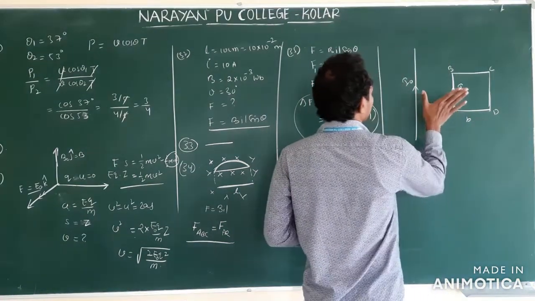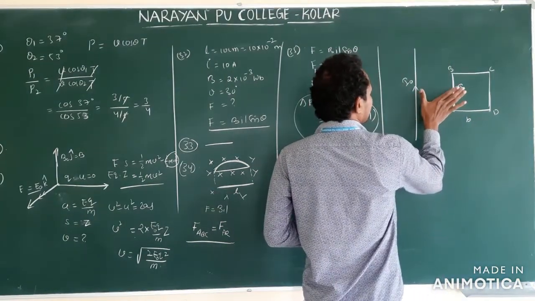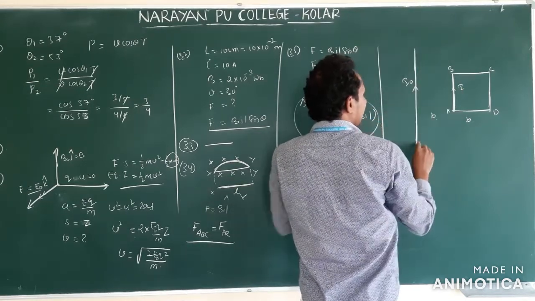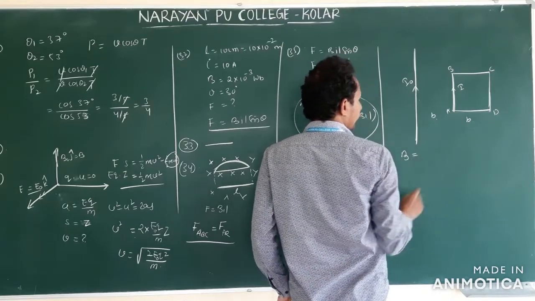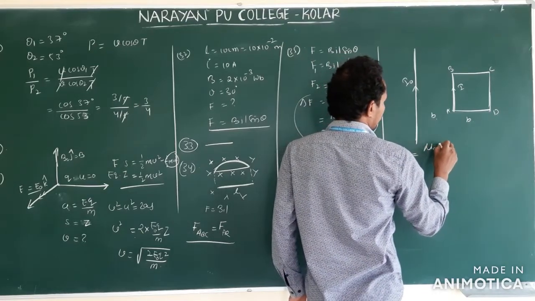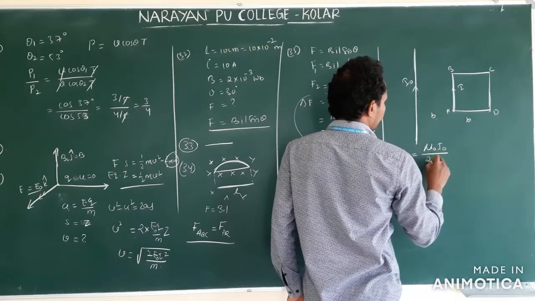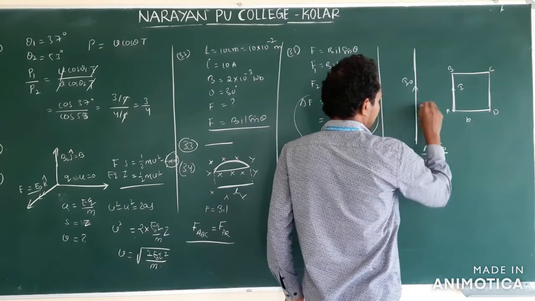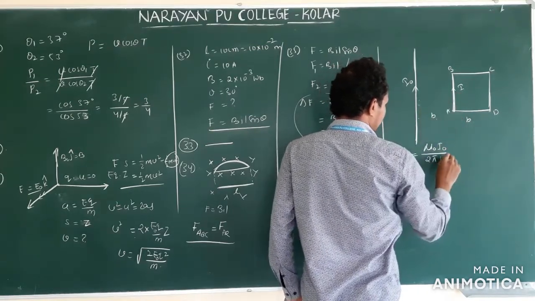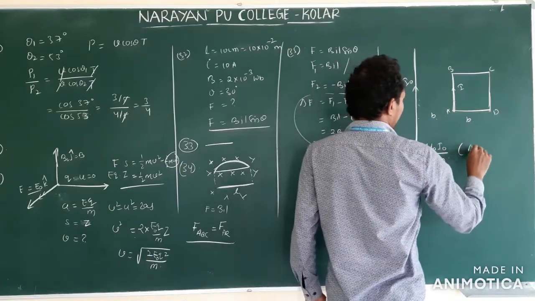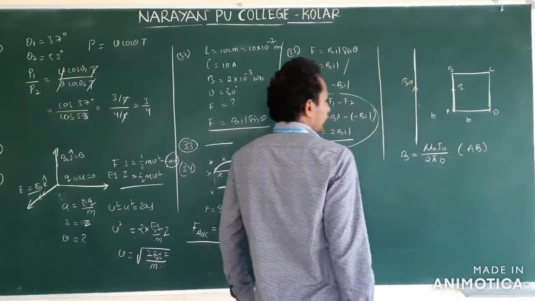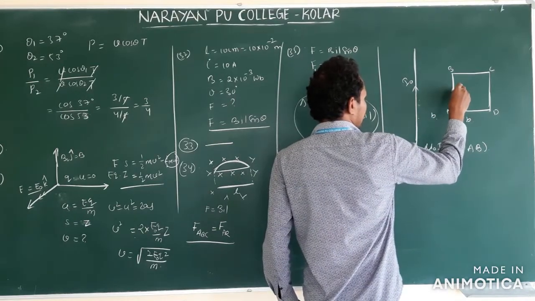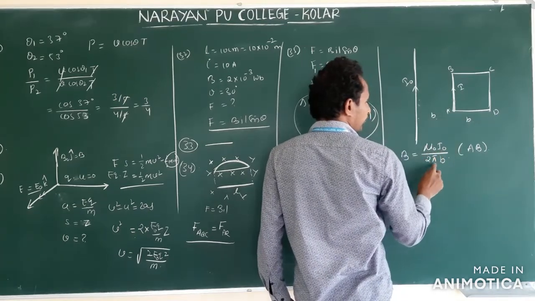So, this current carrying conductor develops a magnetic field B equal to mu naught I naught by 2 pi B. I am calculating for this conductor. The distance between these two conductors is B, this is the calculation for AB. Now the field at this conductor is mu naught I naught by 2 pi B.